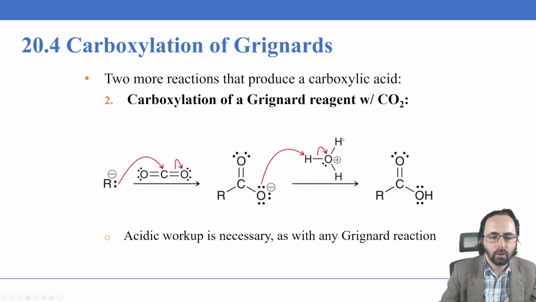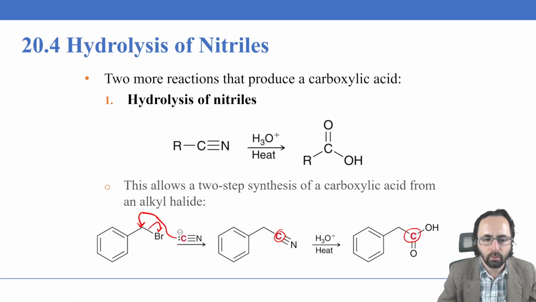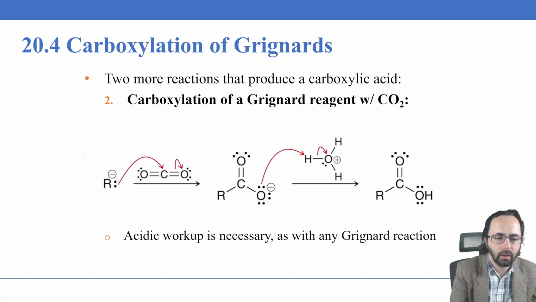In addition, we can do a carboxylation of Grignard reagents. So recall that Grignards are produced by taking some type of alkyl halide and reacting with magnesium, and we'll get an alkyl magnesium halide like this.